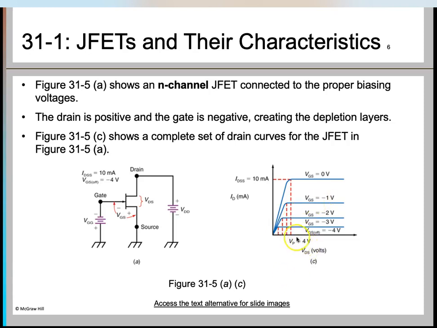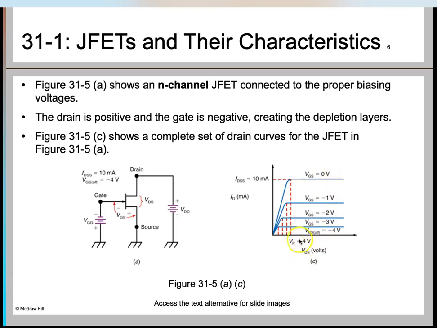And at the bottom here is called your cutoff region, which has not been shown here, where VGS, the gate to source voltage, is sufficient to cause the JFET to act as an open circuit, as the channel resistance RDS increases to the maximum value.